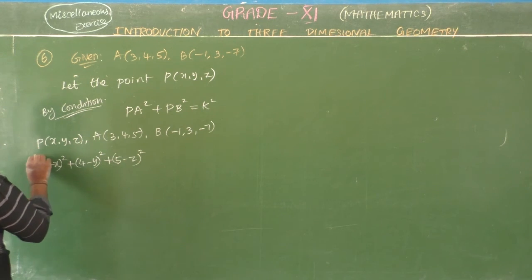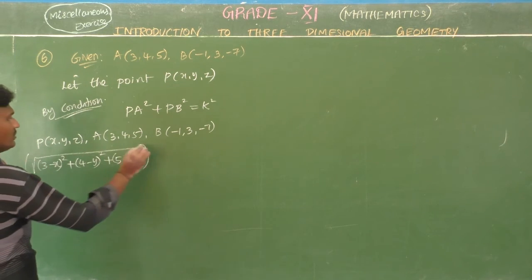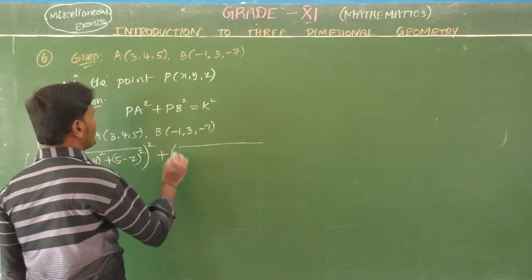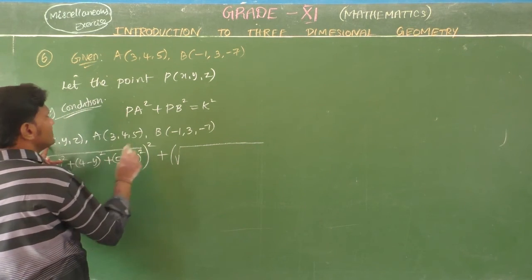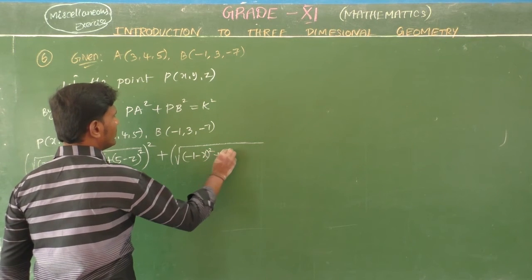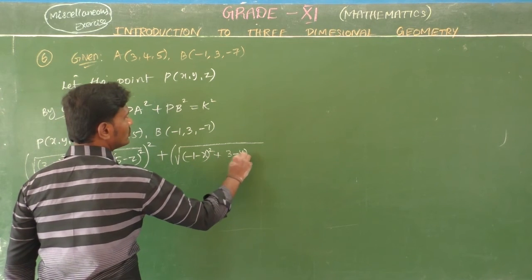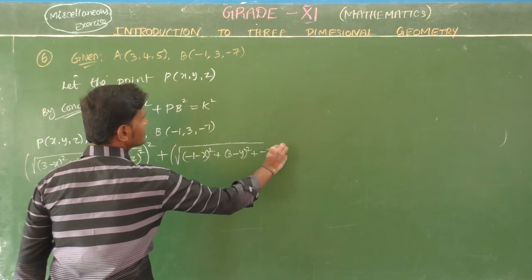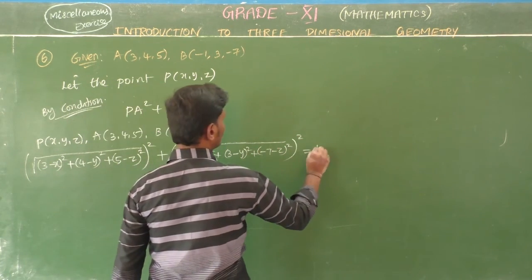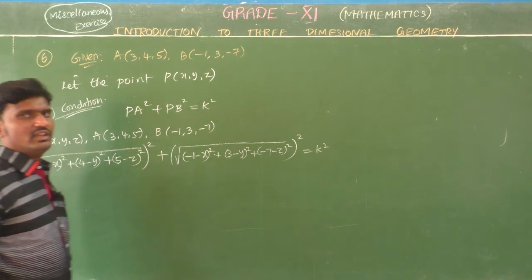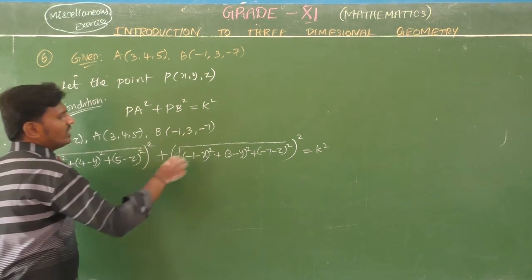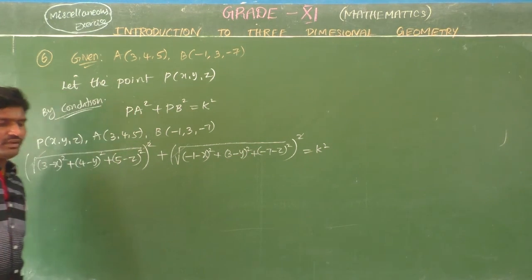Plus PB square: -1 minus x the whole square plus 3 minus y the whole square plus -7 minus z the whole square equal to K square. Now taking the square, the square root will be cancelled.